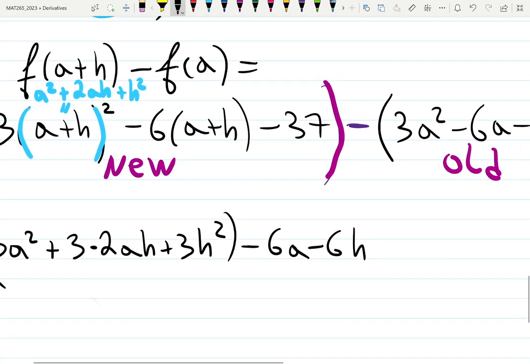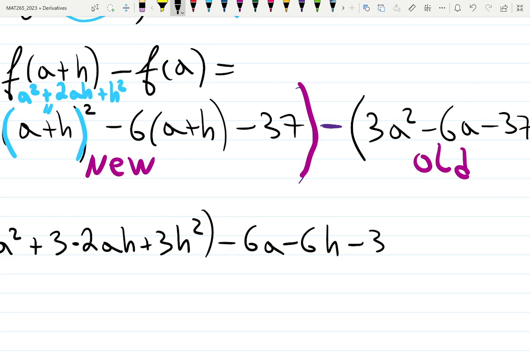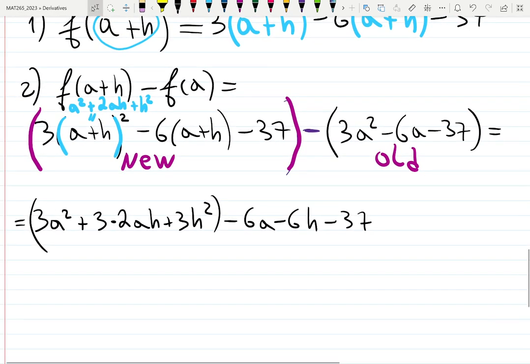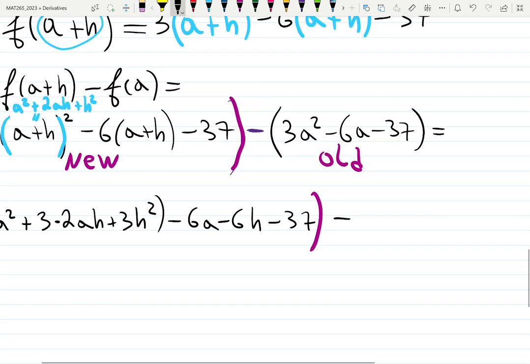Distributing minus 6. Minus 37. This is the first term in purple parentheses. Minus, and then you just keep whatever was there. Nothing to simplify here. Well, I guess you can distribute the negative sign. Minus 3a squared plus 6a plus 37.